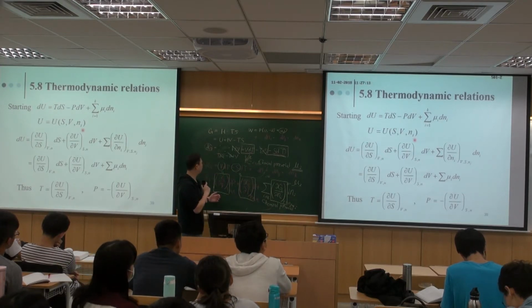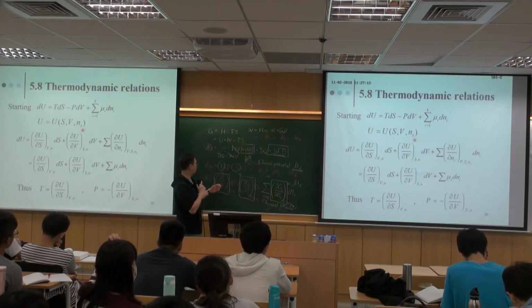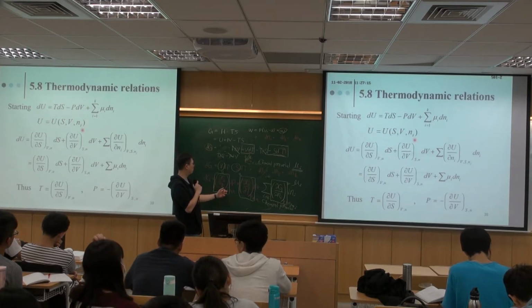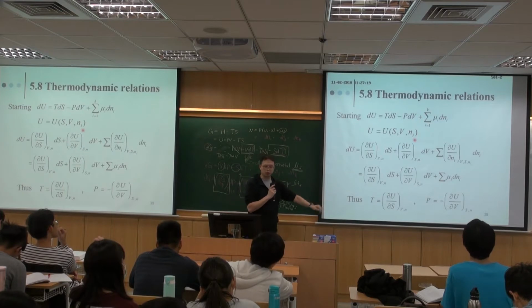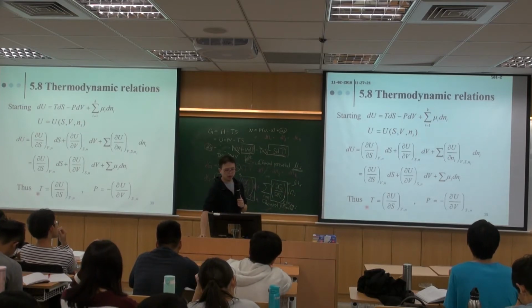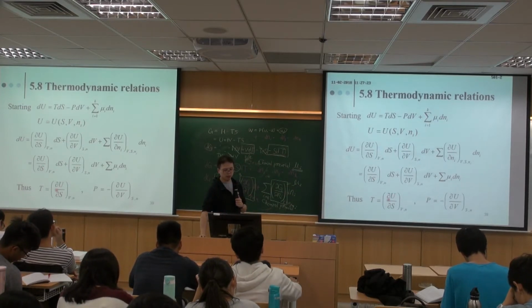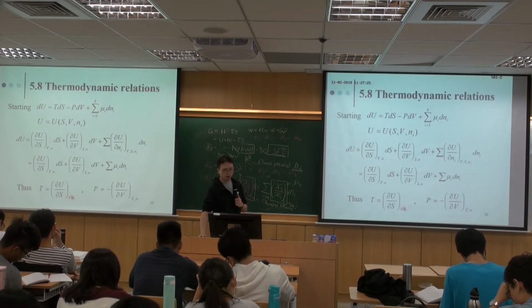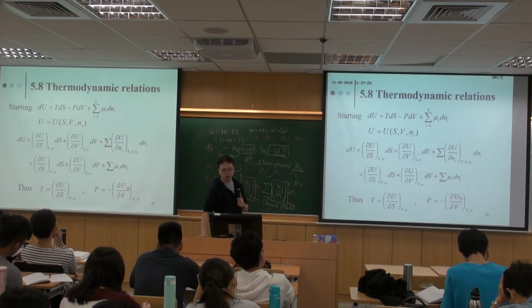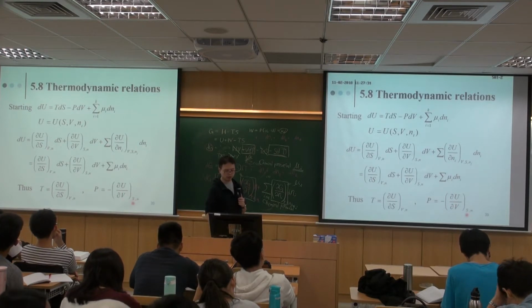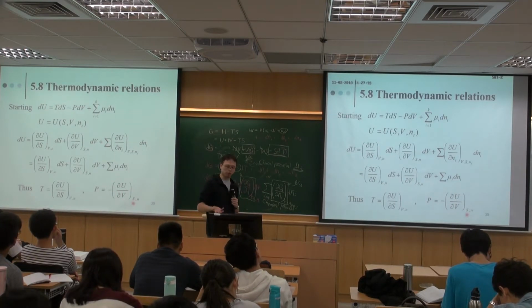Or if you're dealing with Gibbs free energy, we know that, for instance, partial G, partial P at constant temperature is volume, right? But here we're dealing with internal energy, so we know that T is partial U, partial S with fixed volume and fixed species composition, and the pressure will be partial U, partial V with fixed S and fixed composition. It's no big deal.